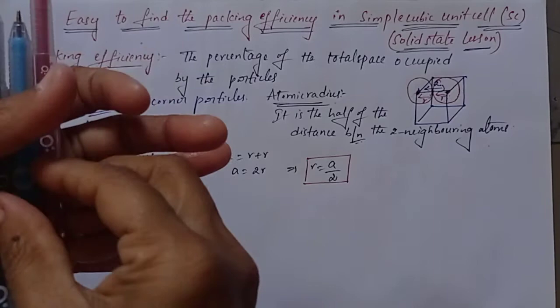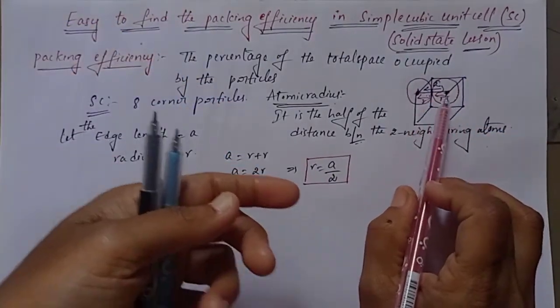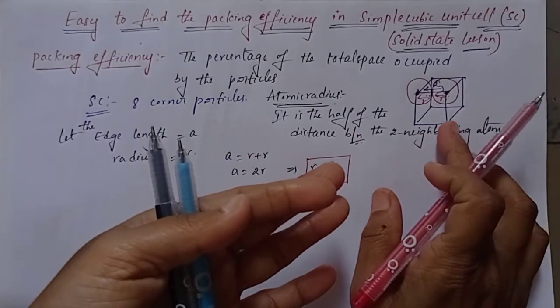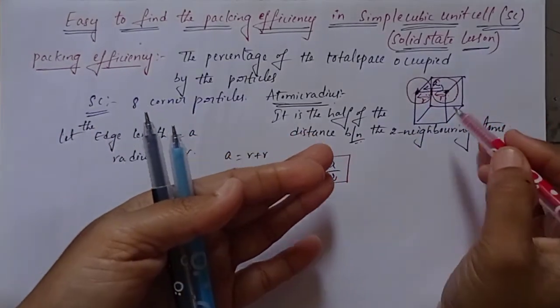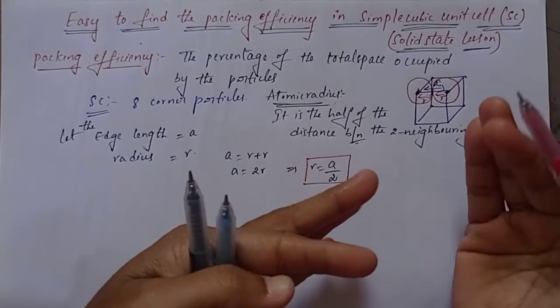Before going to packing efficiency, see, students, the volume of the unit cell. This is the unit cell, which is a cubic unit cell. So what is its volume, students?